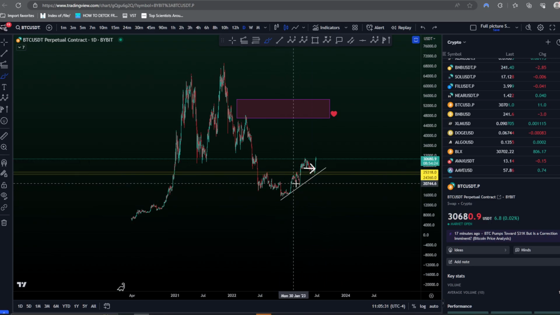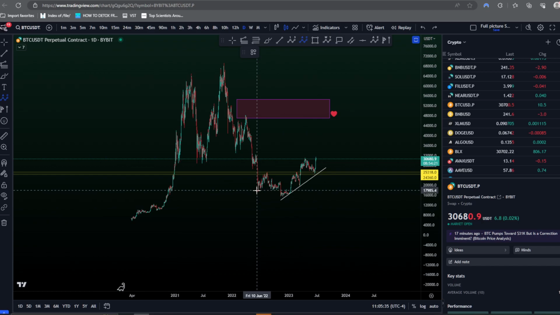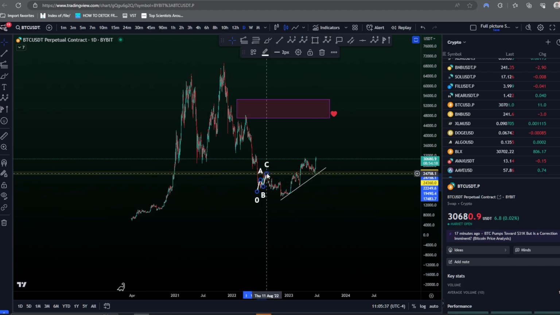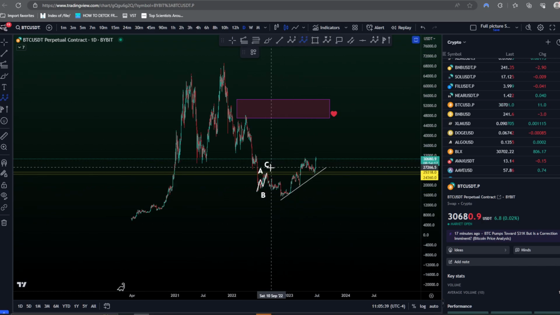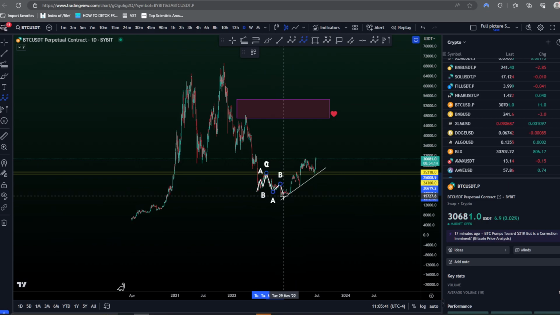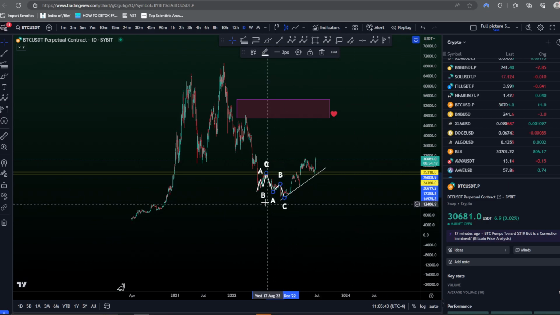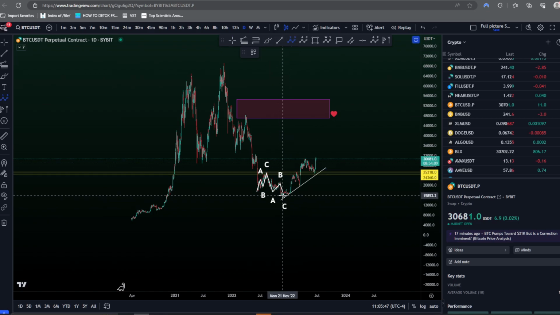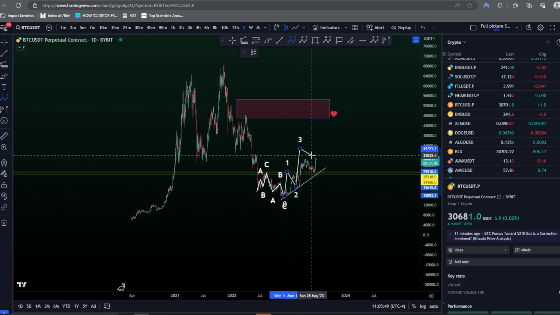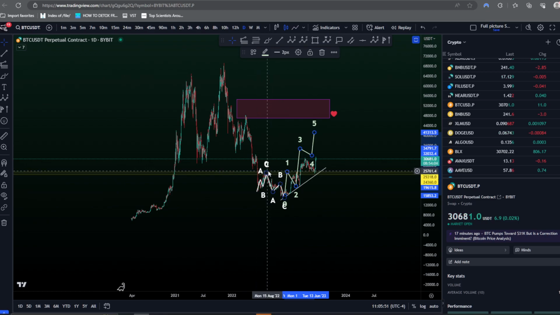Because as you guys know, in Elliott wave, when you have a flat correction, so it's a correction up, a correction down, I mean, that's so clear, that breaks this low, then you're looking for some type of impulsive wave to the upside to break this high.